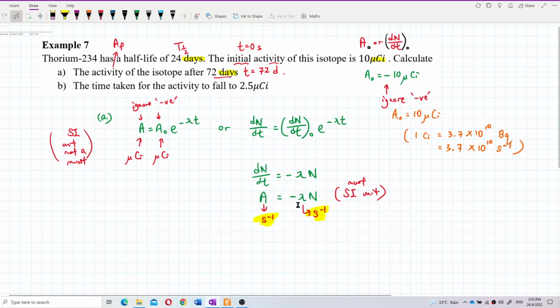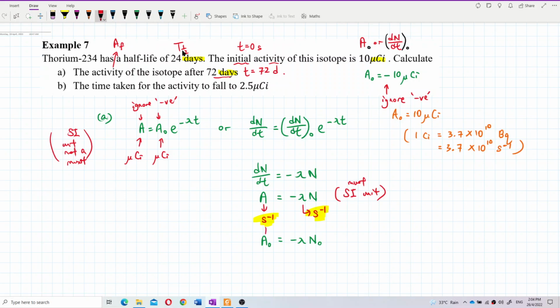Okay. For this question, the activity must be in SI unit, per second. Must change the activity into per second. So the microcurie, you need to change to per second. You can write A equal to negative lambda N, or you can also write the equation as initial activity equal to negative lambda, then initial nuclei.